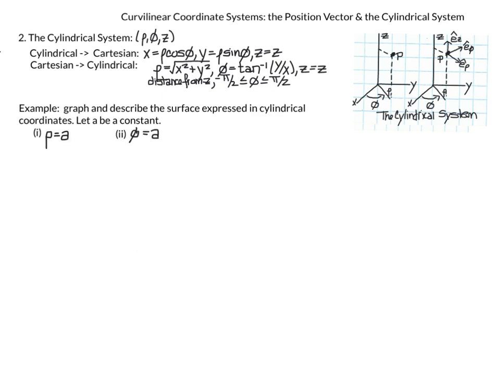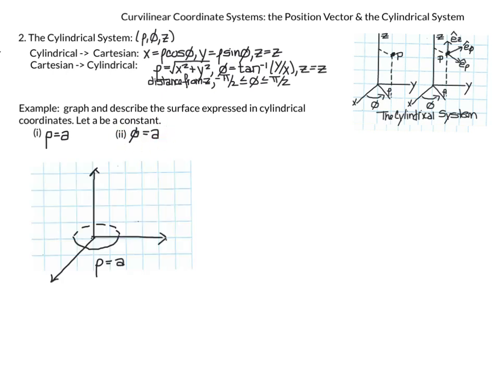And two more examples, just to make sure we have the cylindrical system in our head. Graph and describe the surface expressed in cylindrical coordinates. Let a be a constant. The first one is rho is equal to a constant, and the second one is phi is equal to a constant. For rho is equal to a, that means we have a constant radius or distance from the z-axis.